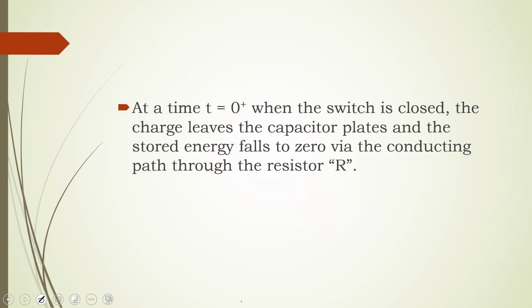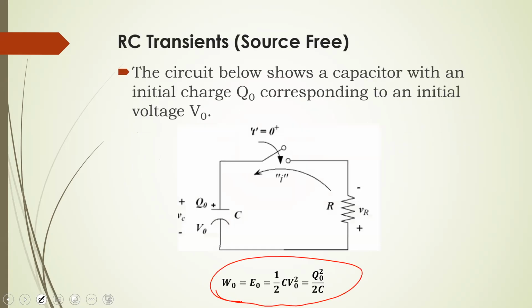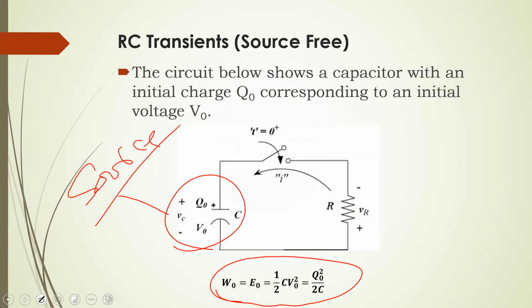So at time t0, when the switch is closed, immediately after the switch closes, we would expect that charge would leave the capacitor, and the stored energy falls to 0 via the conducting path through the resistor R. That's what we expect. So in other words, our capacitor here is a source because it has stored energy.